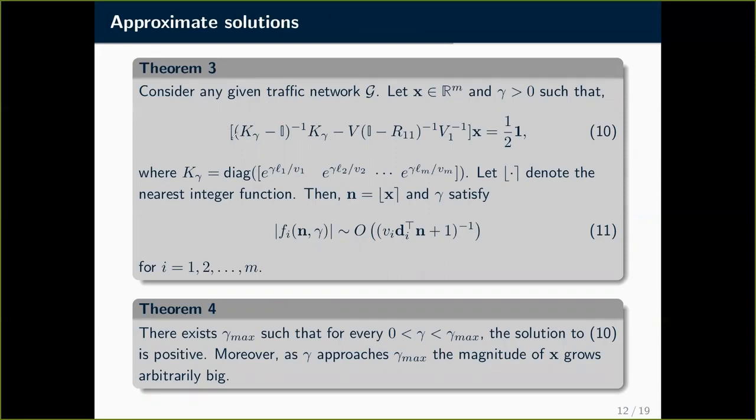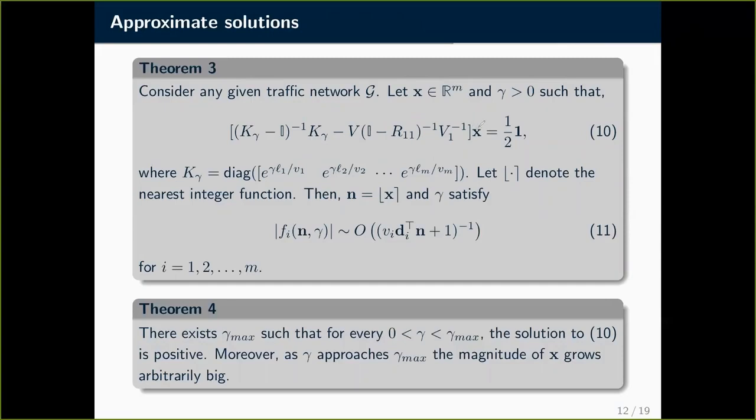The first theorem is that if instead of looking at integer solutions, we look at real solutions, and we have this matrix that depends only on the turning ratios and the velocities, and this matrix K that depends only on the gamma, the lengths and the velocities of the roads.